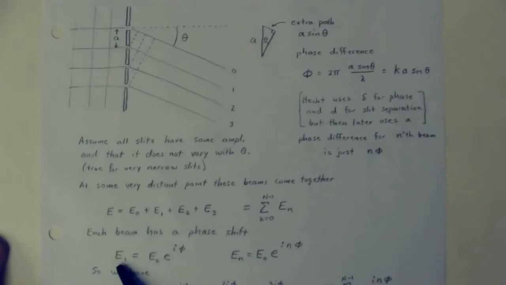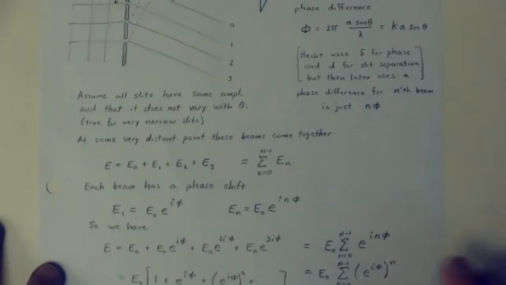And so, for instance, E1, as I've drawn it up here, would be E0 times this phase term, e to the i phi. That just shifts it by that phase of phi. The nth one would be E0 e to the i n phi, just multiplying it by this integer n that counts from one to the next.